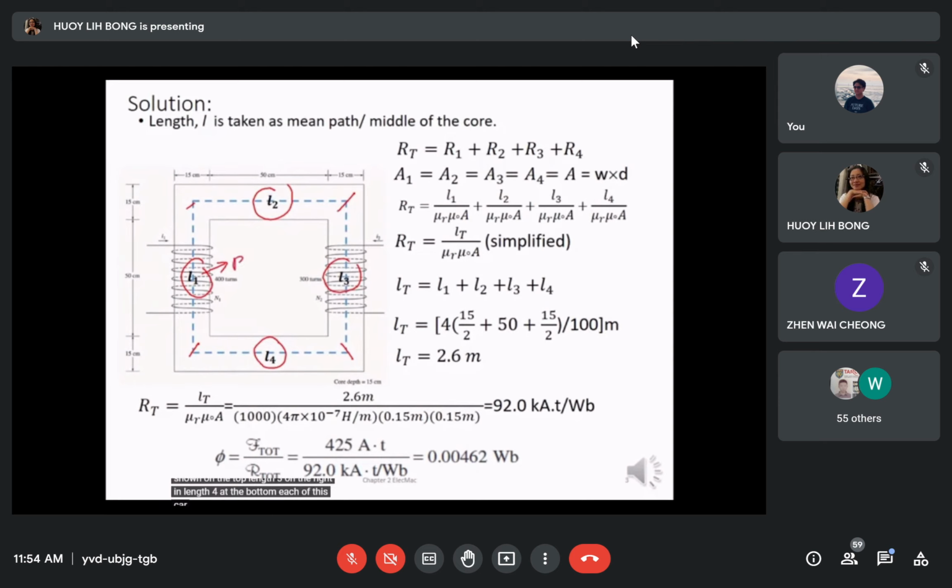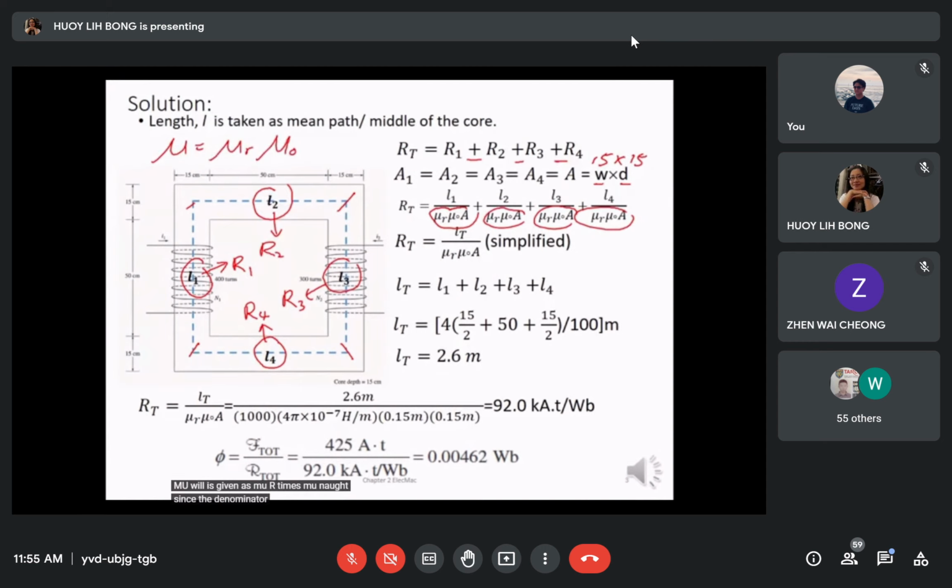Each of these core has their own reluctance values, and since they are in series, we can total them up, and we found that the area of each core is the same, in which it's 15 centimeter times 15 centimeter, and the mu is given as mu r times mu naught.